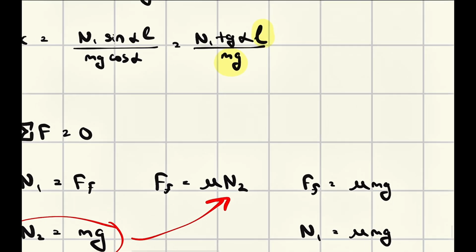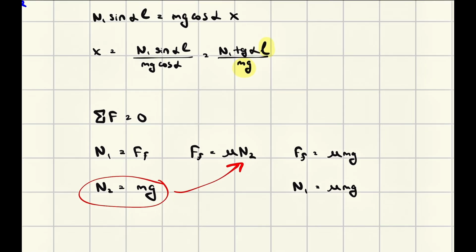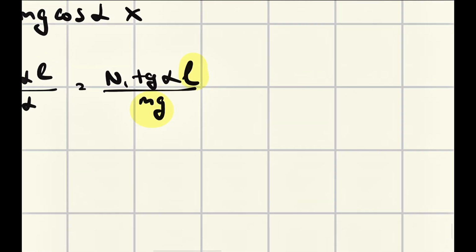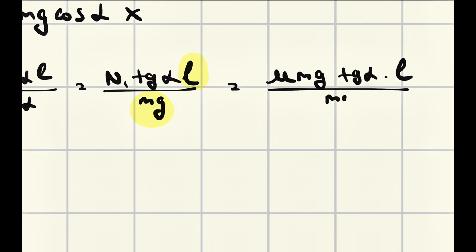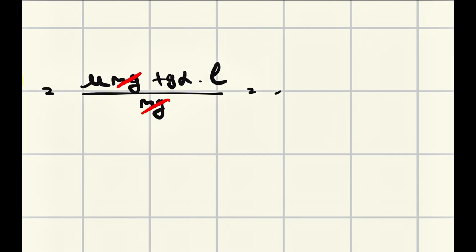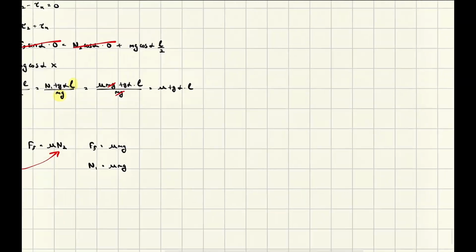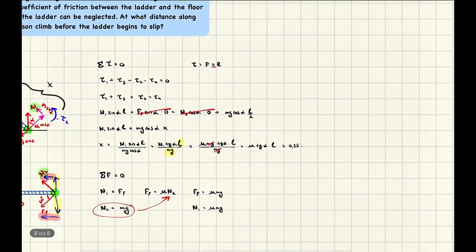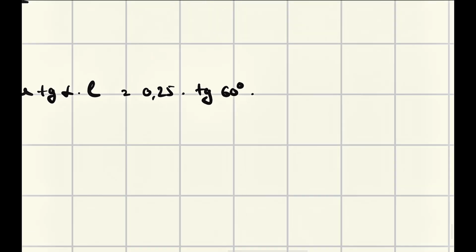And yeah, pretty good. I can just put that mu mg in here, right? You can see it, mu mg here, tangent alpha multiplied by L divided by mg as well. That's why these things just go away, and I have just my answer, which is mu tangent alpha multiplied by L. Mu is 0.25, tangent alpha, which is 60 degrees, tangent 60, multiplied by L, which is 4 meters.